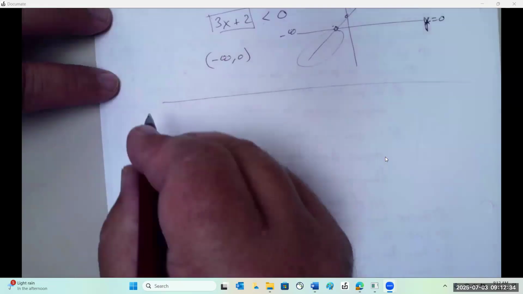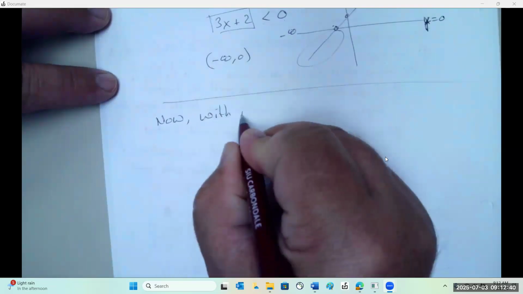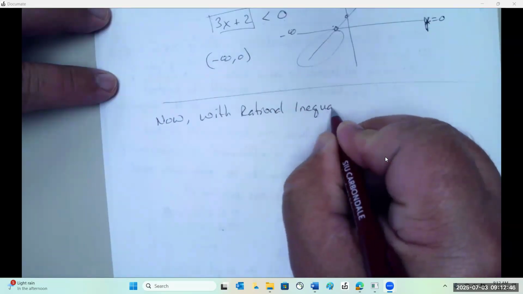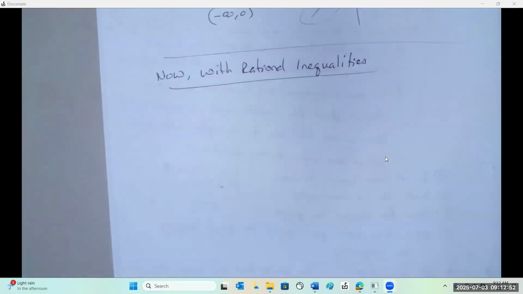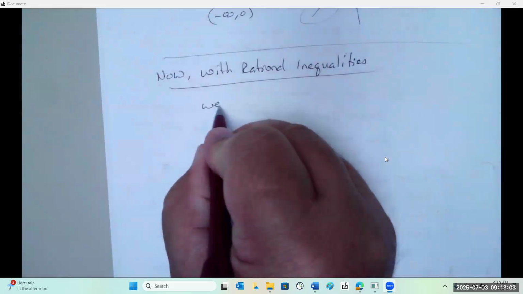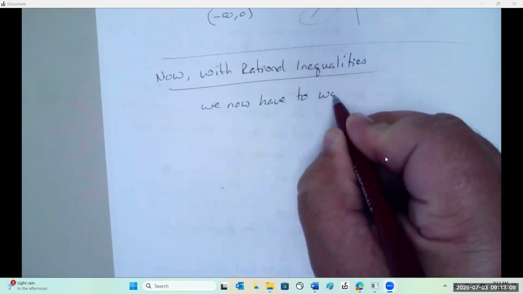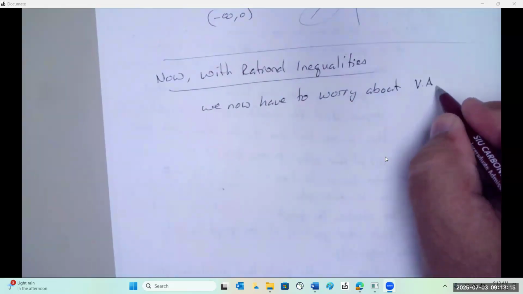So that was with polynomials. Now, with rational inequalities, we have an extra step that we have to worry about. Not only do you have to worry about setting it equal to 0 and finding out where the intercepts are, we now also have to worry about vertical asymptotes.